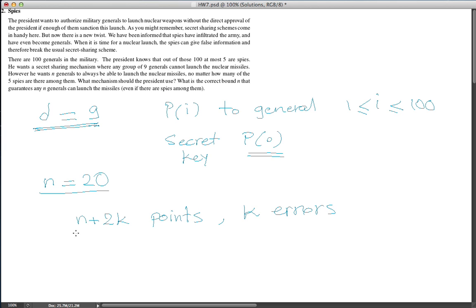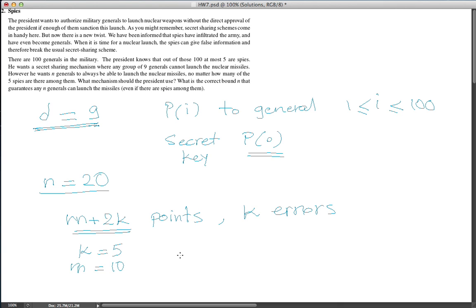So here we want this n, you shouldn't be confused, this n in this problem is basically the m plus 2k in the lecture. So if we want to find m plus 2k, and k in our problem is 5, and m here is 10.